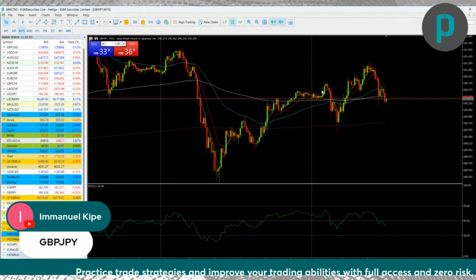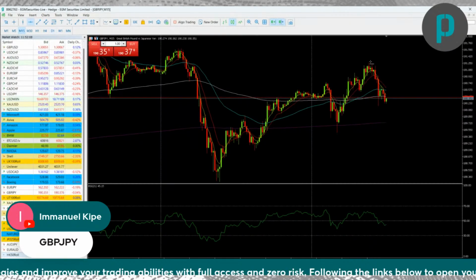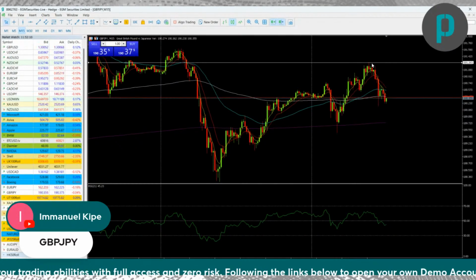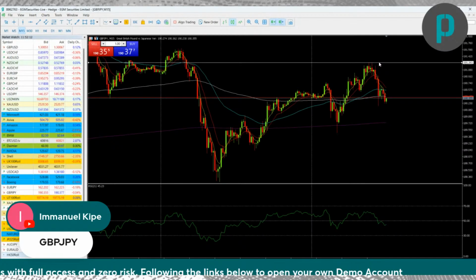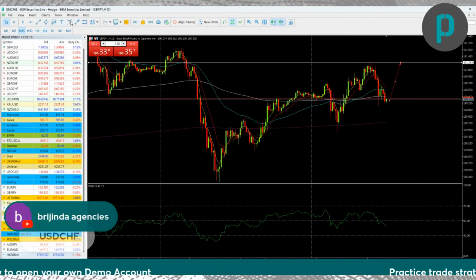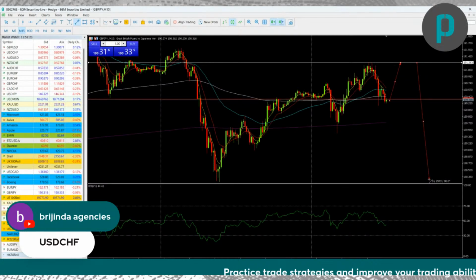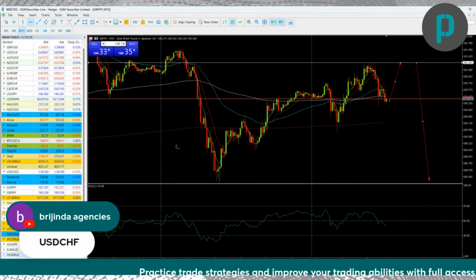However, I would want to see how it reacts to this price level, this Asian high. So maybe a push up and then maybe a push down to this low, to yesterday's low.